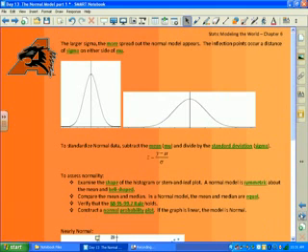All right. So you can write that. The larger the sigma, the more spread out the normal model appears. The inflection points occur a distance of sigma on either side of mu, that's here and here.